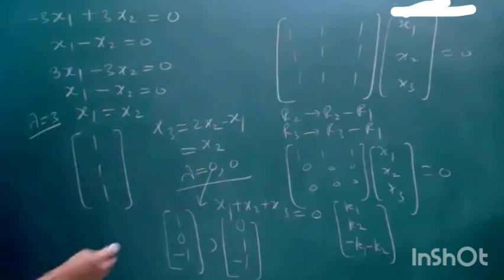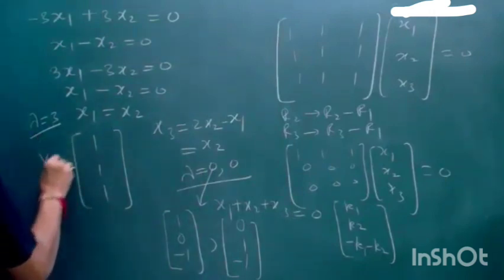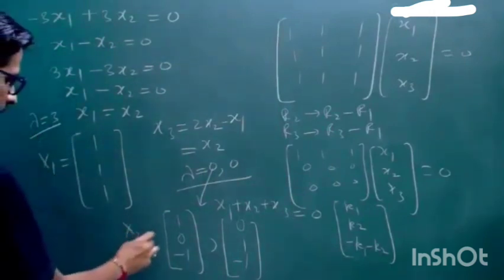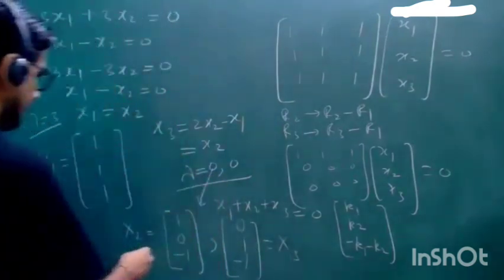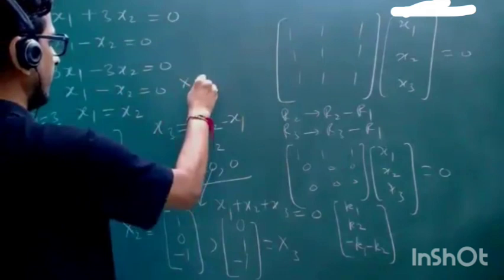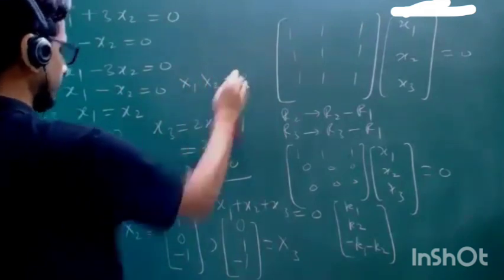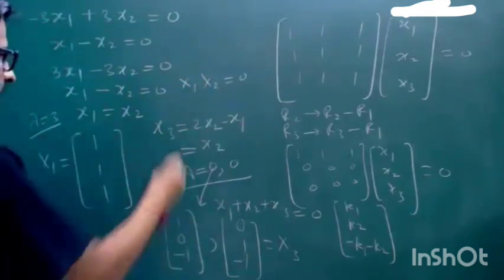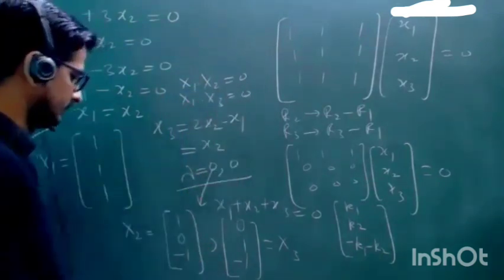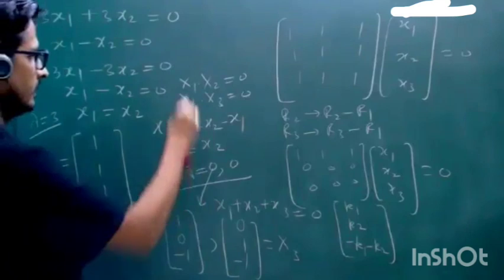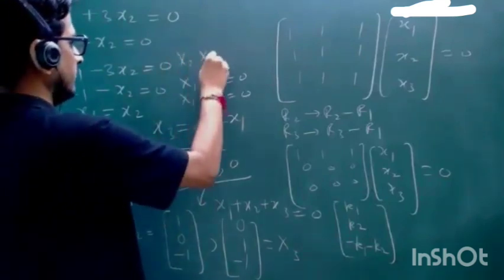So suppose this is x1, this is x2, this is x3. So if you see x1 dot x2, that is 0, x1 dot x3 is also 0, and dot product of this is also 0, x2 dot x3 is also 0.